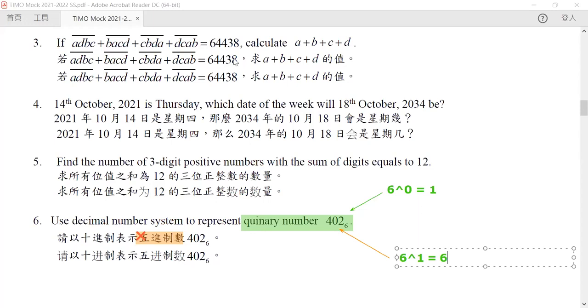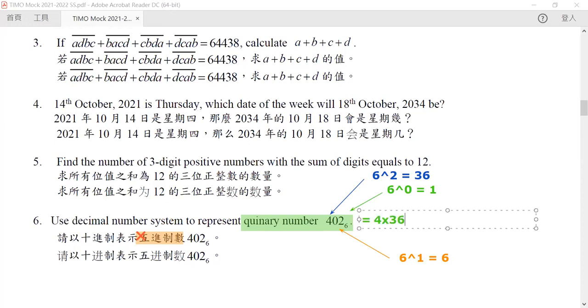And our third digit represents 6 to the power of 2, which is 36. So this 4 represents 4 times 36. In summary, this number represents 4 times 36 plus 0 times 6 plus 2 times 1.